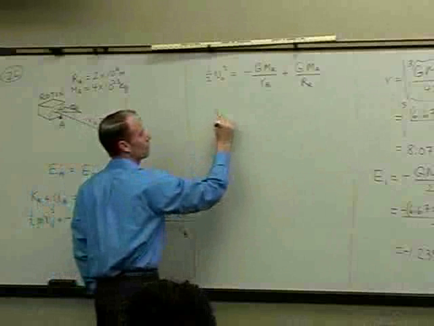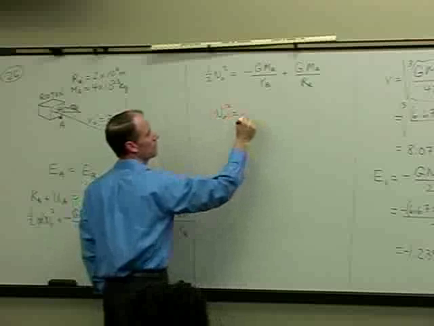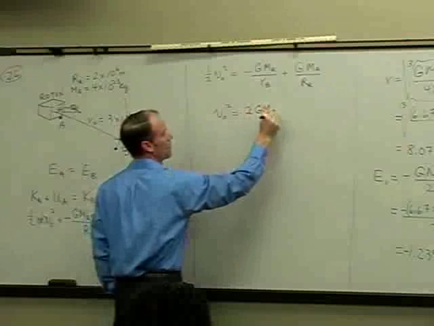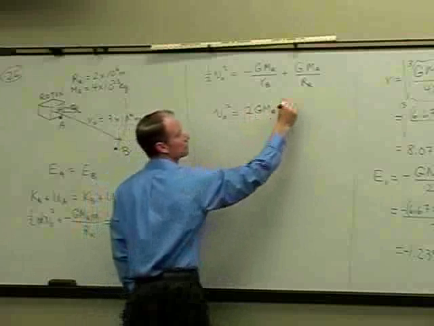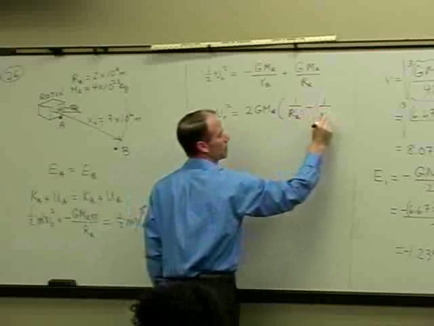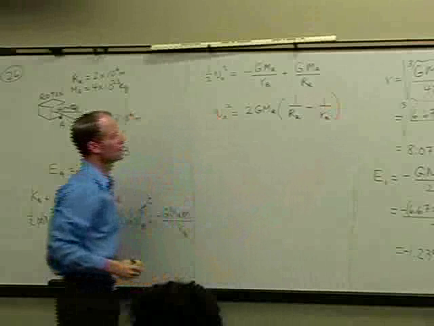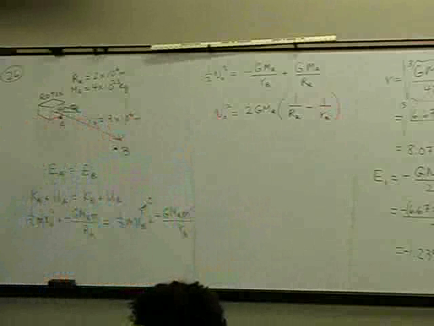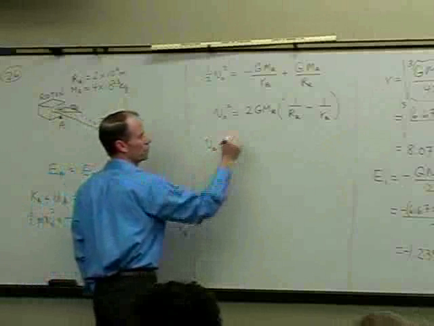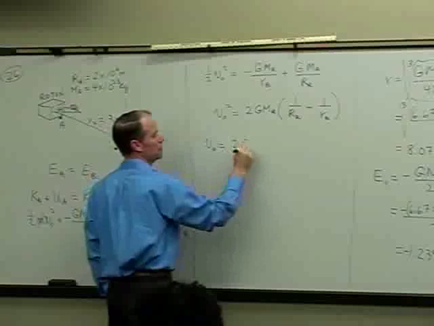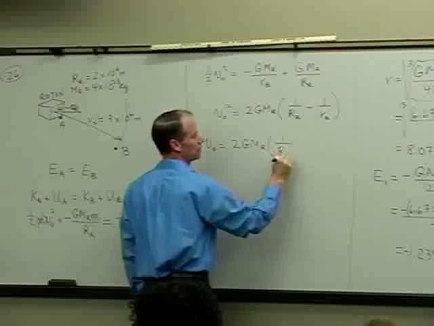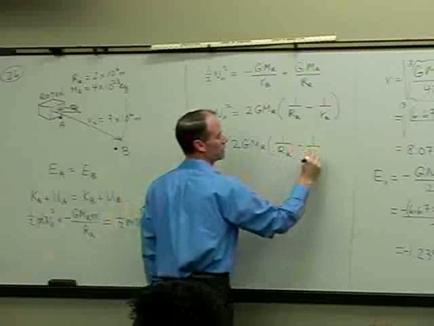Or initial velocity squared is going to equal 2 times G times the mass of Rotan times 1 over the radius of Rotan minus 1 over radius of B. Take the square root. So our initial velocity will be the square root of 2G mass of Rotan, 1 over the radius of Rotan minus 1 over the radius of point B.